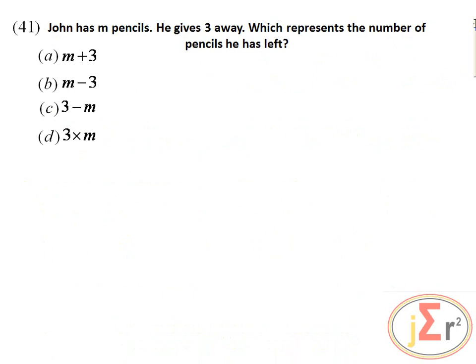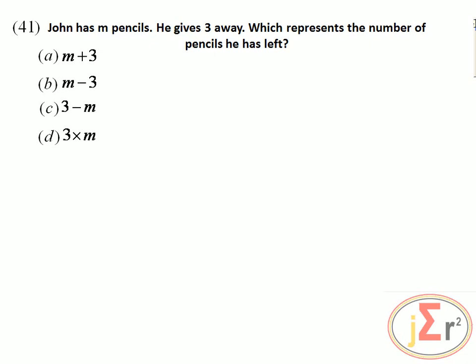John has M pencils. He gives 3 away, which represents the number of pencils he has left. So he gives 3 of them away.